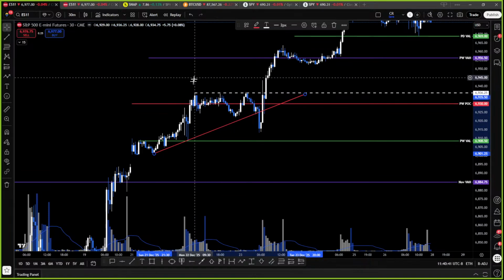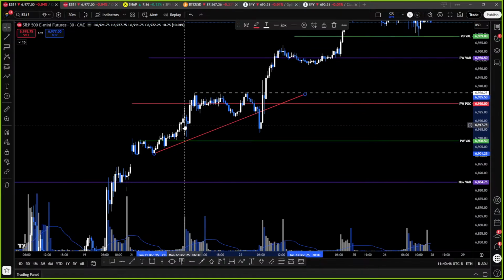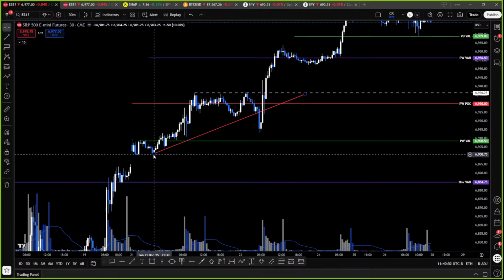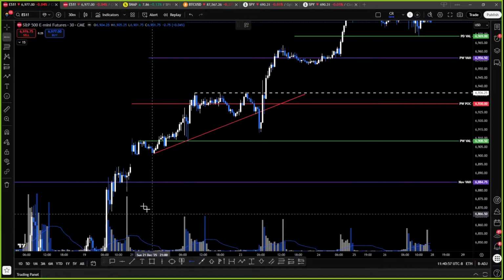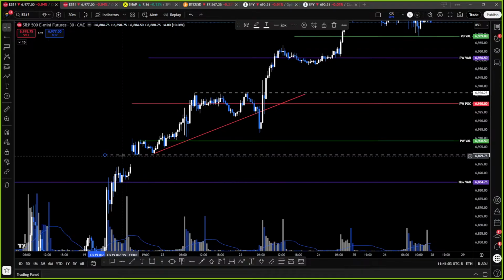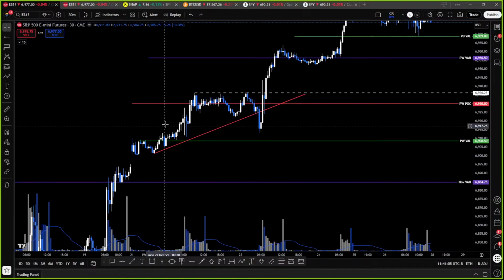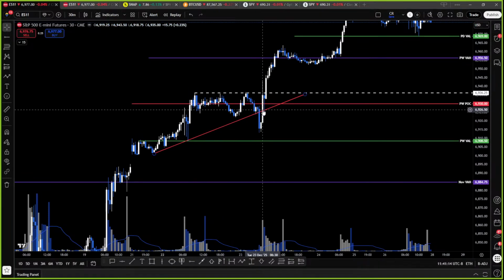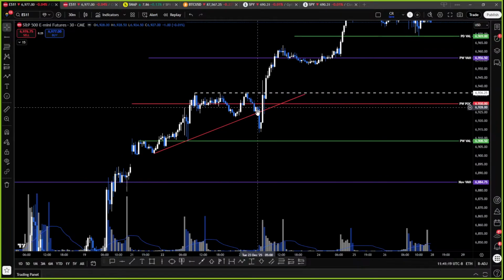So this is one of the things that will always stick in my mind: nobody knew this was a level. You could argue this was the first bounce and this is the second one. But for the sake of argument, nobody had this as a level, and now we can connect 2 points, and we have a level where we'd expect a third. Every retail trader is expecting a bounce here.